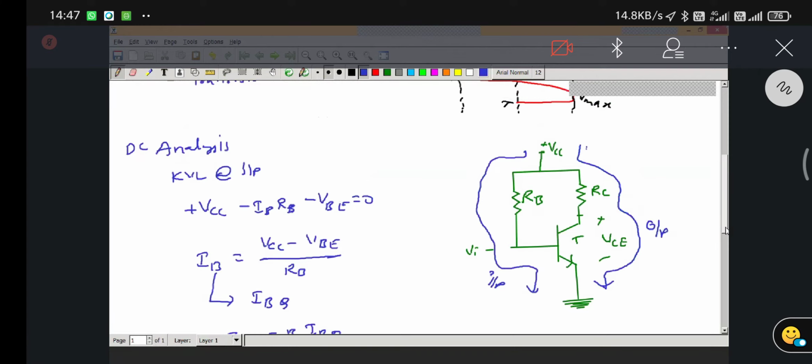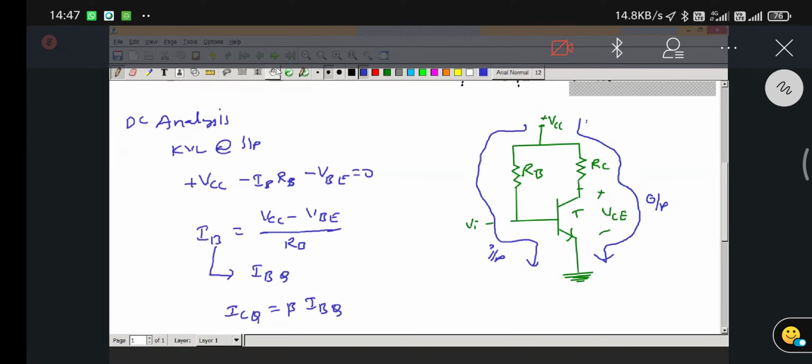While we are applying Kirchhoff's voltage law, we are going to face VCC, as well as the drop across RC, as well as the VCE voltage, the collector and emitter voltage. So if we go for this expression, we get VCC minus ICRC.